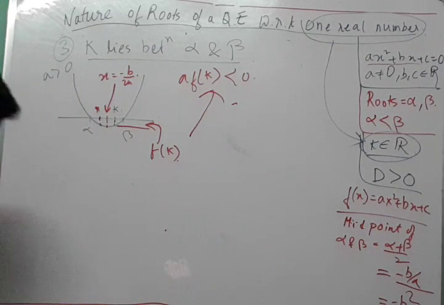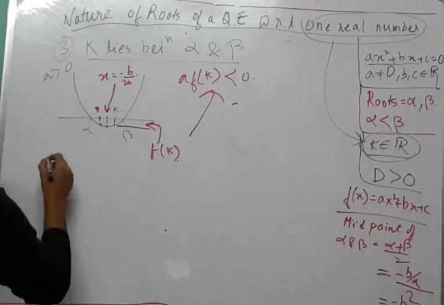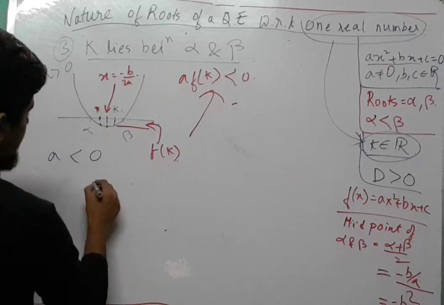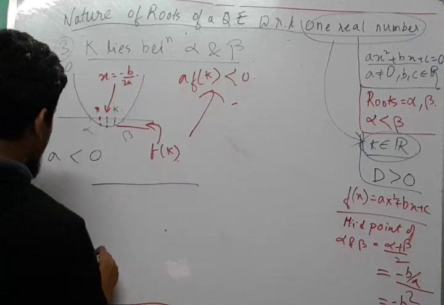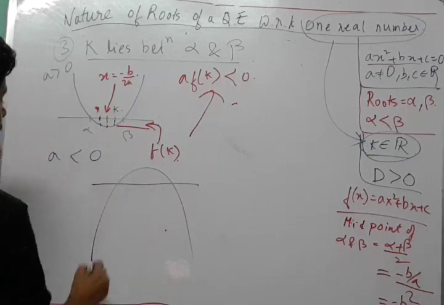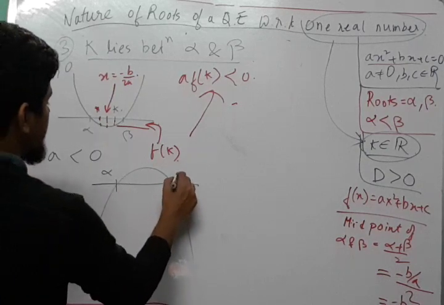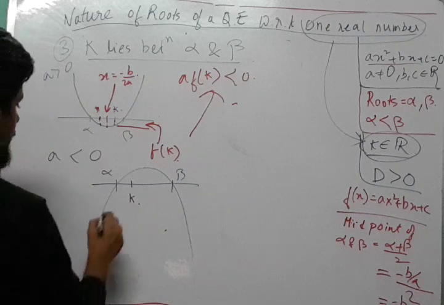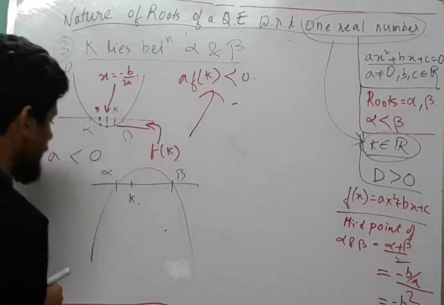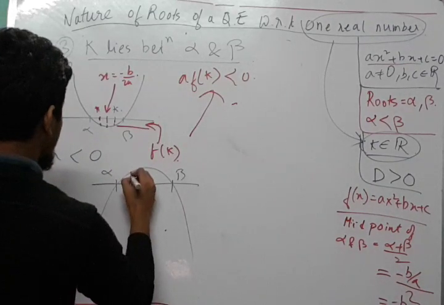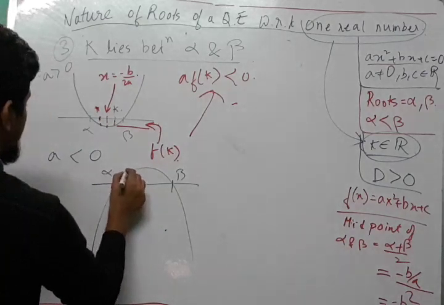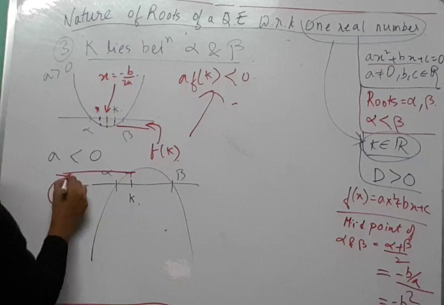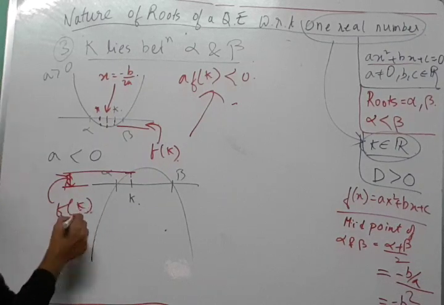Next, similarly, we'll try to draw for a less than 0. So if a is less than 0, that means that if this is the x-axis, we'll have a curve of this format where this will be alpha and this will be beta, and suppose we take this k point over here. So now if we draw a vertical from k upwards, this intercept is basically fk, this distance.